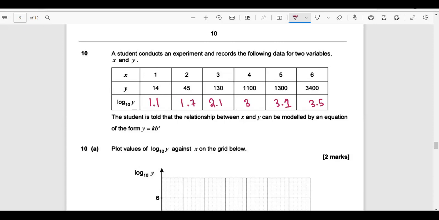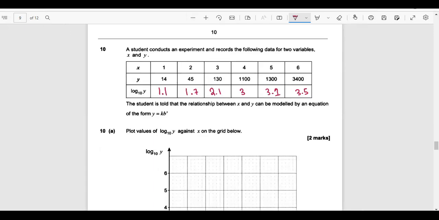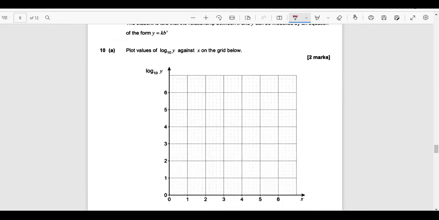All these values are written to 2 decimal places, because of the plotting. Yes, are you getting the same values? I'm doing the last one. Okay, sure. 3.5, yeah. Okay. Next is plot the values of log 10 y against x.